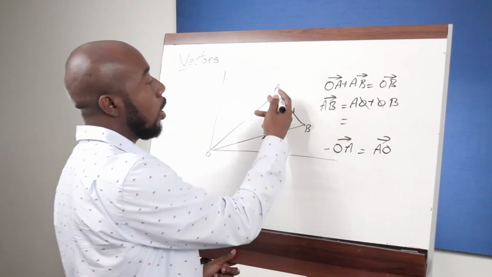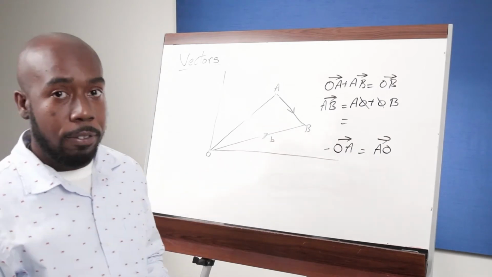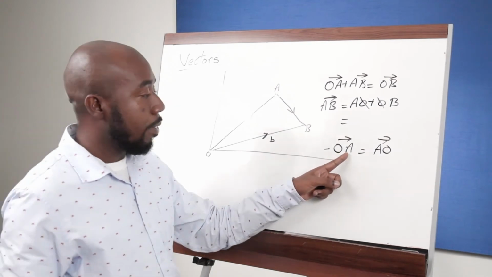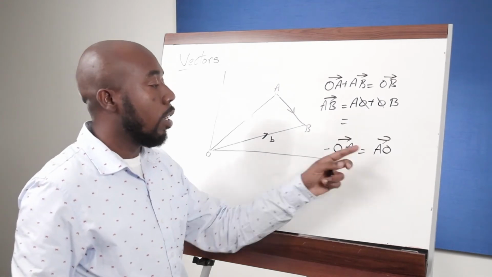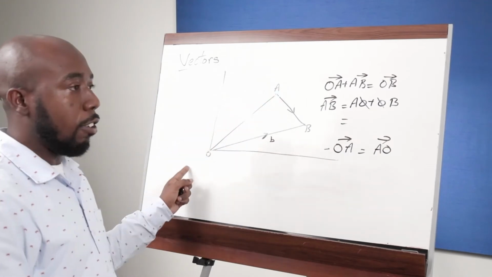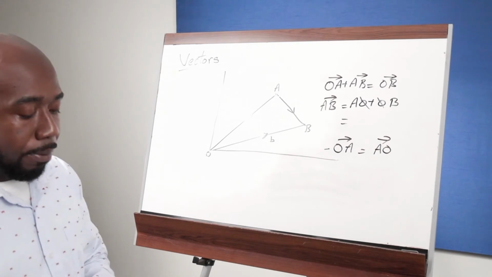Because you go in the opposite direction, you have to change the sign for the coordinates they will give you. I'll give you an example for that. So negative OA represents AO, because OA goes this way and AO goes the opposite direction. So it becomes a negative.